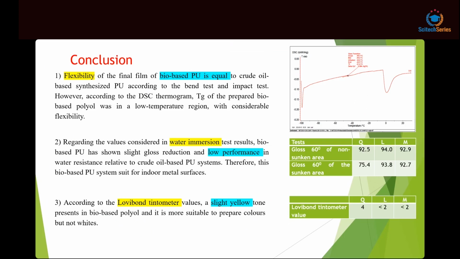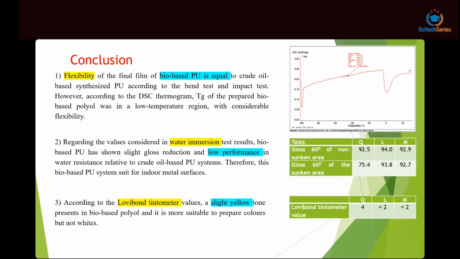The conclusion, number two, the water immersion. Now, water immersion, when we compare with commercially available crude oil based PU systems, our one is slightly behind them. So we have to improve the water immersion property relative to commercially available crude oil PU systems.